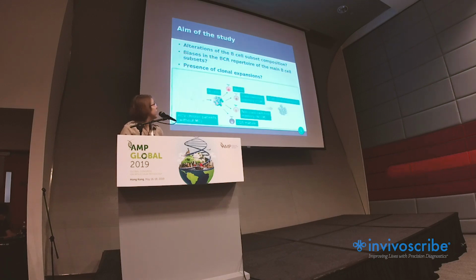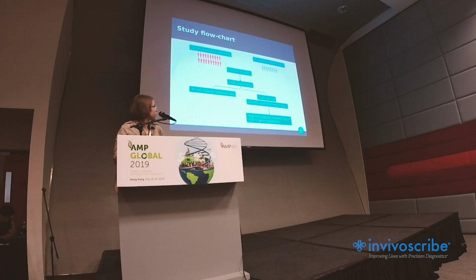The aim of our study was to analyze the alterations of the B-cell subset compositions, the biases in the BCR repertoire of the main B-cell subsets, and to analyze the presence of clonal expansions. For this, we took HCV positive patients without MC and analyzed the B-cell subsets, naive, class-switched memory, non-class-switched memory, and CD5 mature cells for their clonal composition.